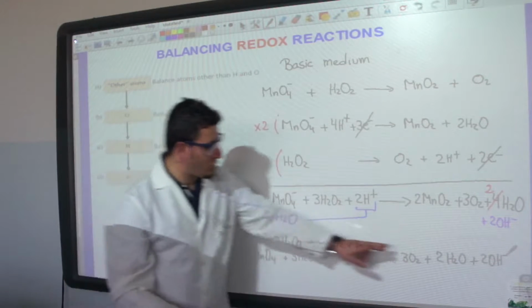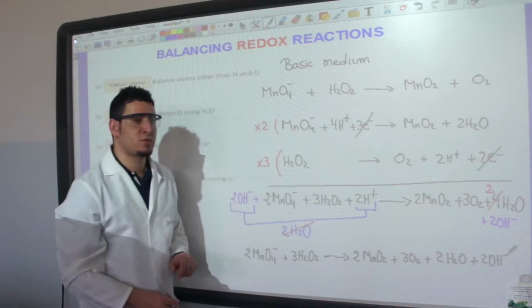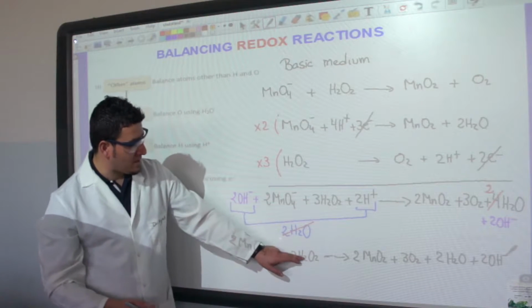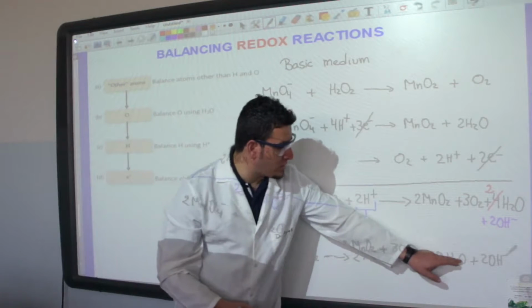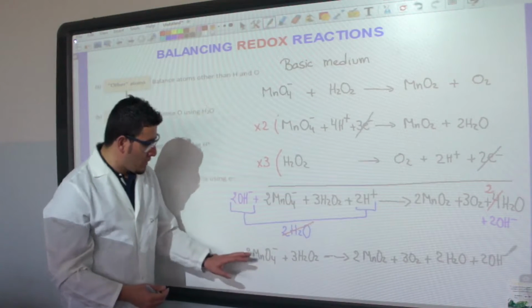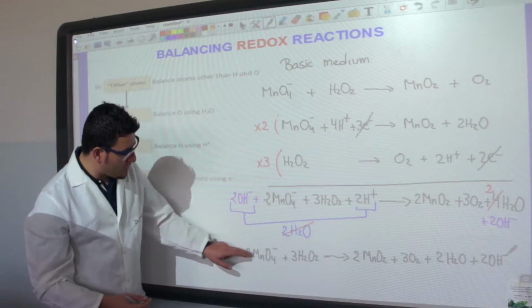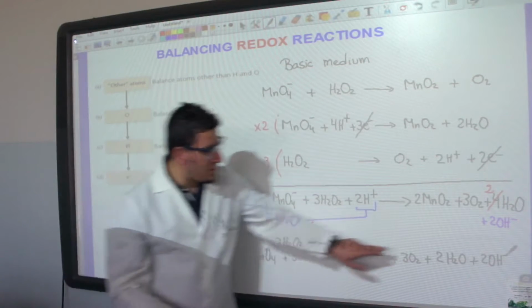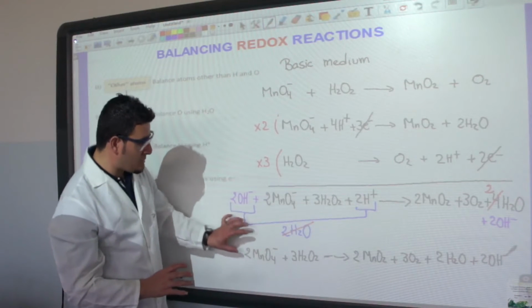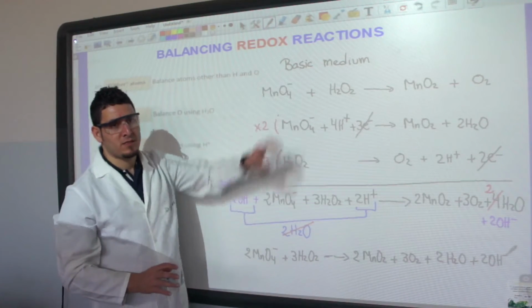Okay, so 12 plus 2 is going to be 14. For the hydrogen, 6 hydrogen, and 4 hydrogen and 2 hydrogen, 6. Now let's look at the charges. I have here 2 minus, and here I have 2 minus. So this reaction is balanced in basic medium.